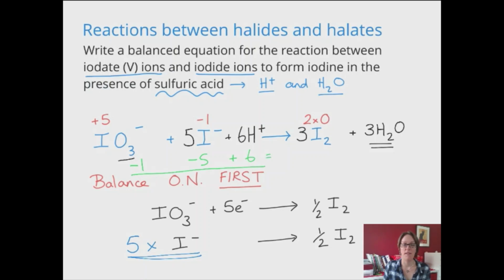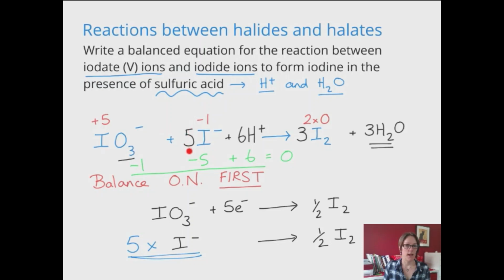Add all of that up. There's 0 overall charge on the left, and there are 2 neutral molecules on the right, so there's 0 overall charge on the right, and I checked that it balances. That would never happen if I had not taken into account the oxidation numbers. I would never have been able to balance the charges.